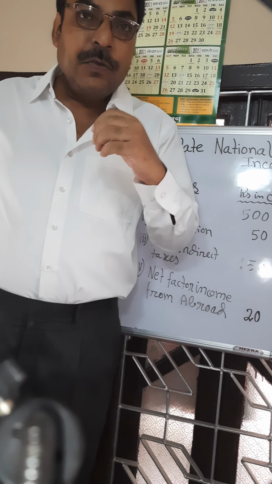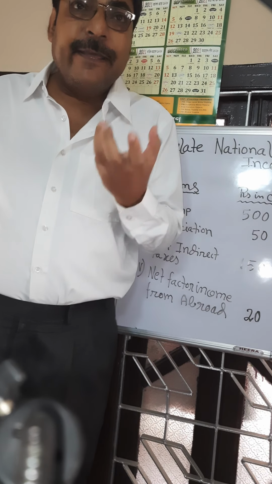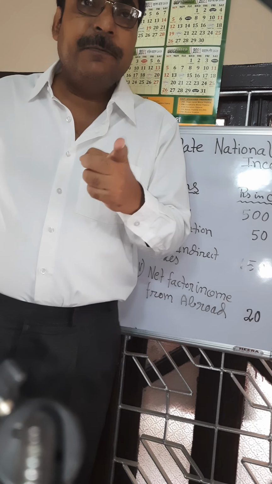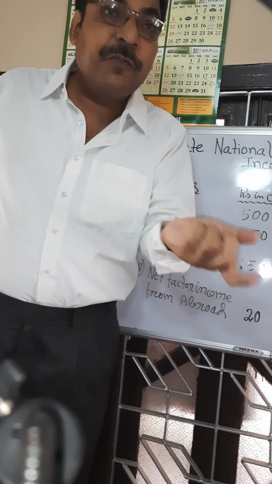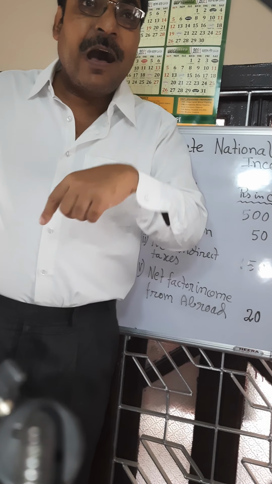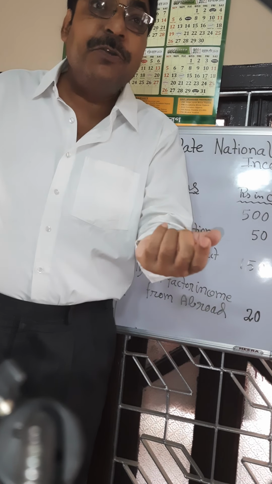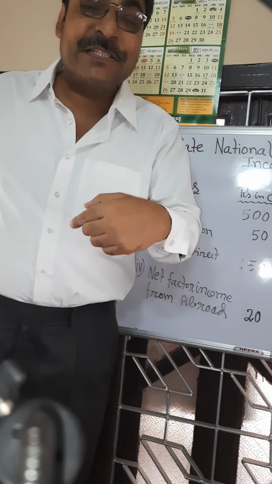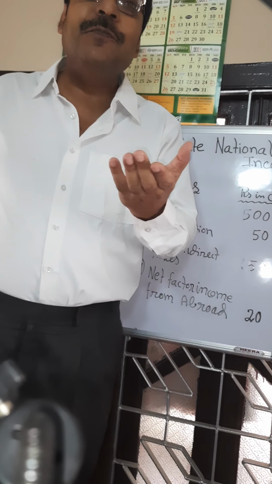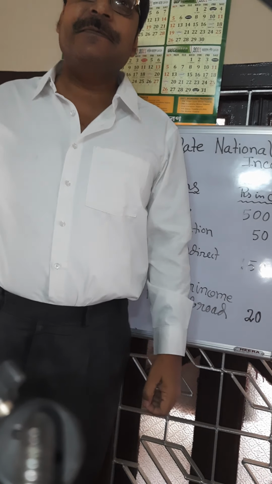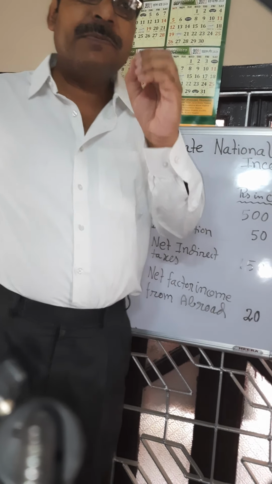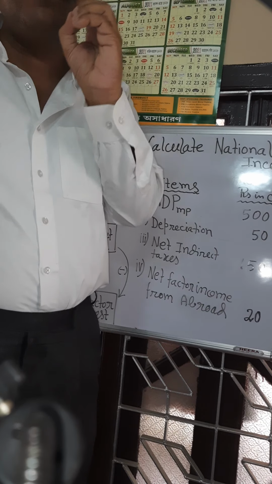So to find out any aggregate, you have to learn how we can move from gross to net or from net to gross, from national to domestic or from domestic to national, from market price to factor cost or from factor cost to market price. You must have a very clear conception about it.